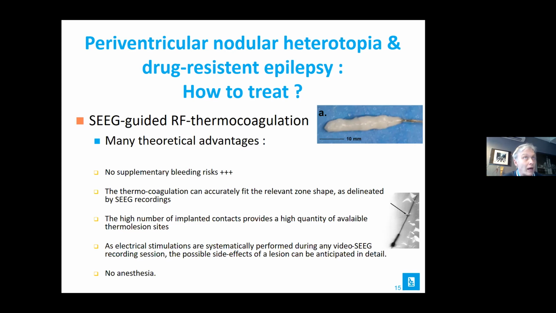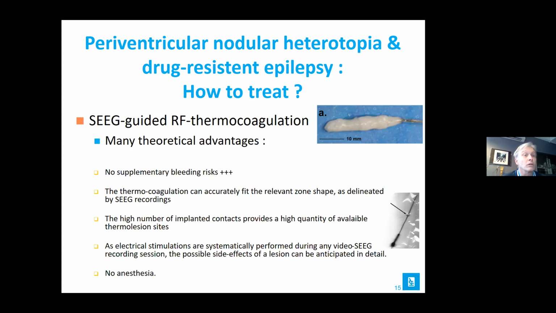So in general, and for heterotopia specifically, such a technique has for sure many theoretical advantages. They are shown here and well known. No supplementary bleeding risks because no need for any dedicated stereotactic trajectory as the electrodes are already there for recording purpose. As the thermocoagulation can accurately fit the relevant zone shape as delineated accurately by SEEG recordings, which is appreciable.